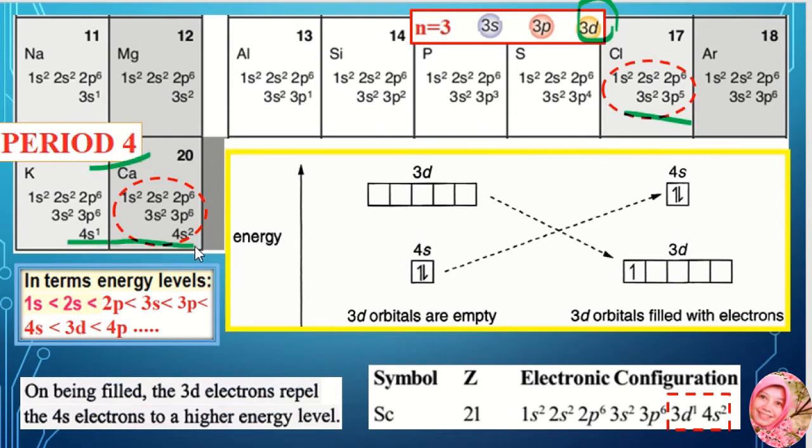Prior to filling up of orbitals with electrons, the energy level of the 4s orbital is lower than 3d orbitals. But this is when the 3d orbitals are empty. See, the energy level for 4s is lower than 3d. But on being filled, the 3d electrons repel the 4s electrons to a higher energy level. Means the energy level order is reversed.